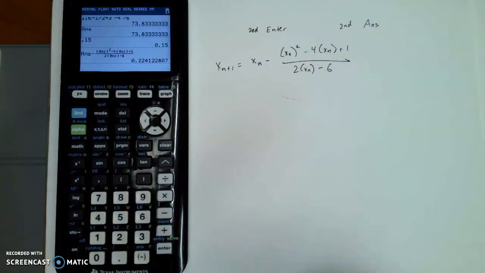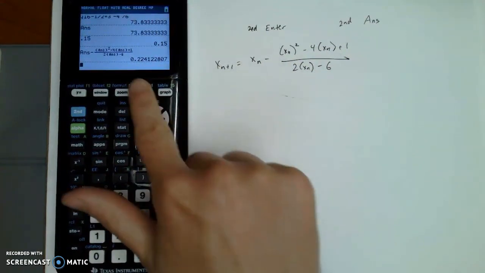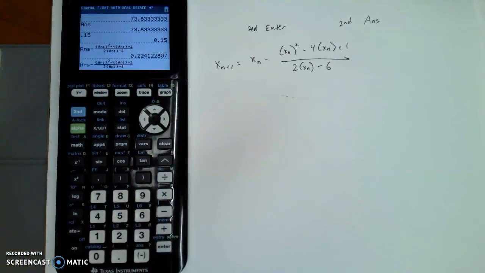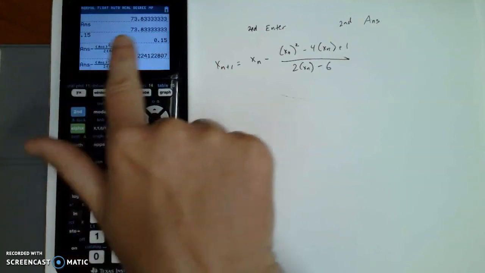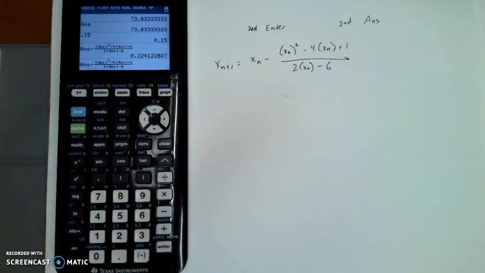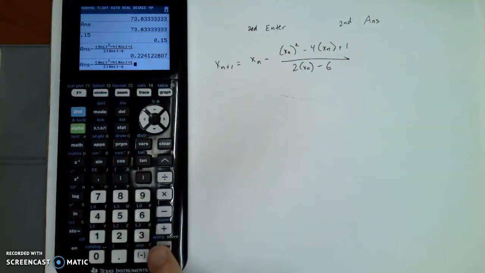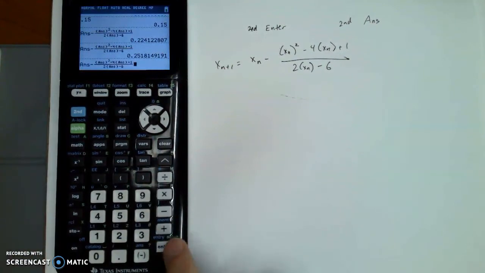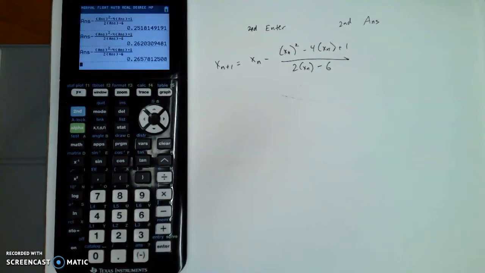The nice thing about this is for this type of problem, if I have to do 3 or 4 iterations, since I used answer, I can now hit second entry. It looks exactly the same here, but now ANS, instead of referring to 0.51, is referring to the 0.2241, etc. I don't have to type that number, and I definitely don't have to retype my expression.